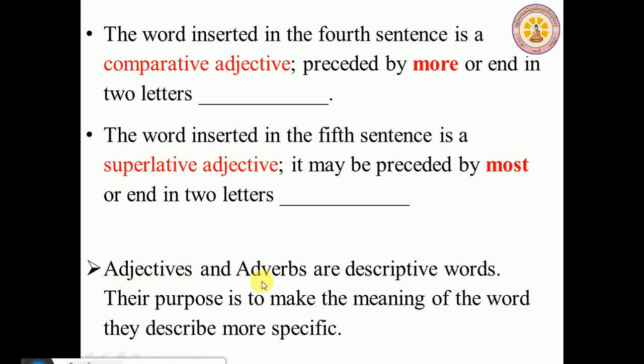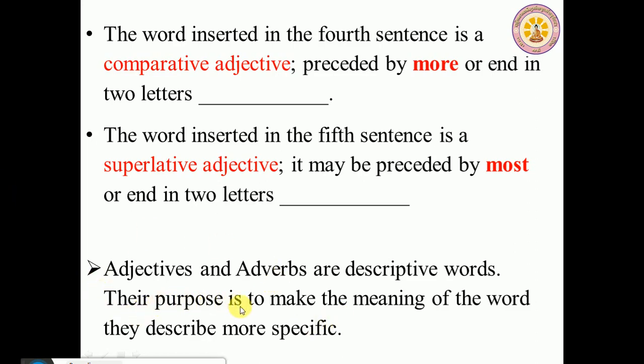Adjective and adverb are descriptive words. As you know, adjective and adverb are descriptive words. They are used to describe other words. Adjectives are used to describe nouns; adverbs are used to describe a verb, an adjective, or another adverb.